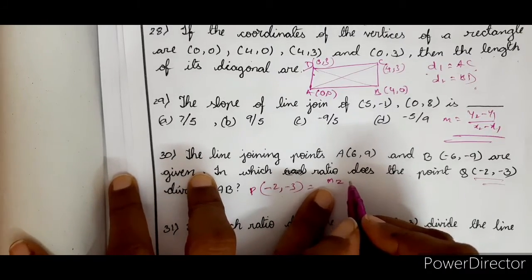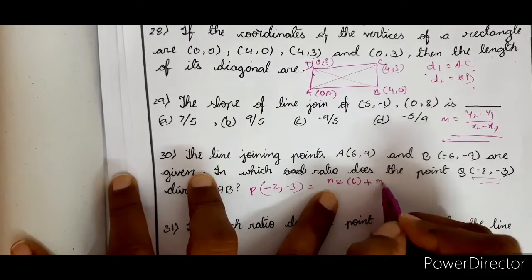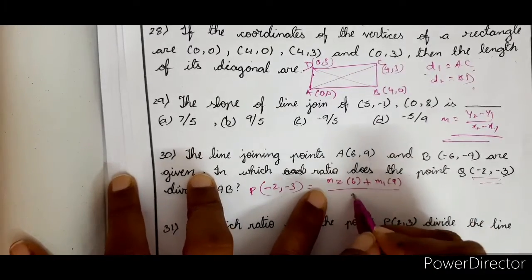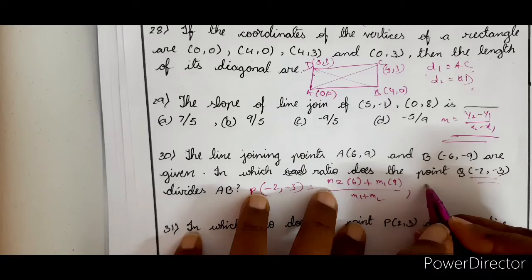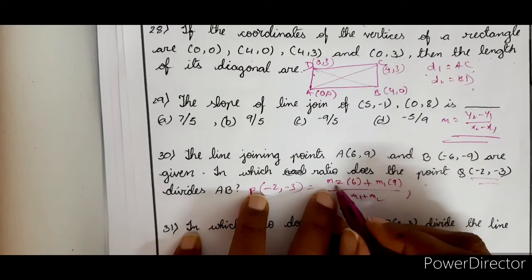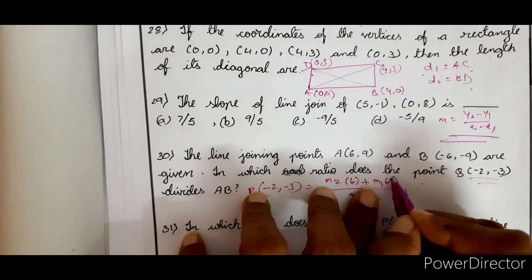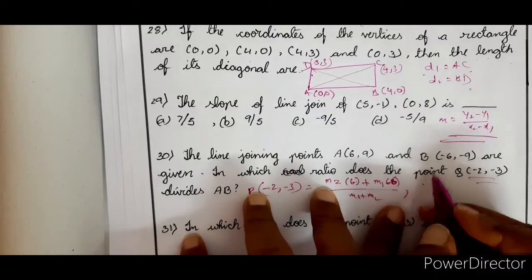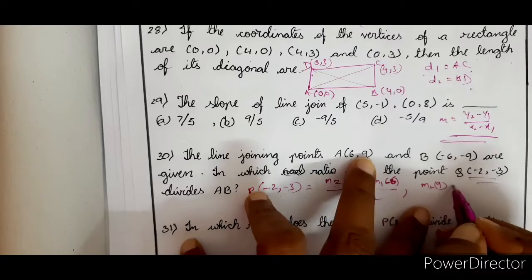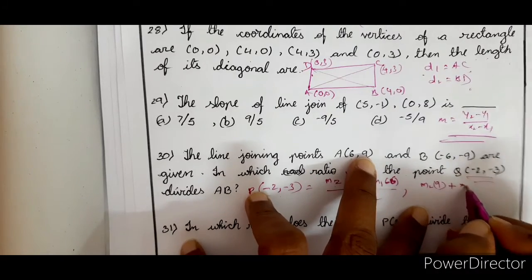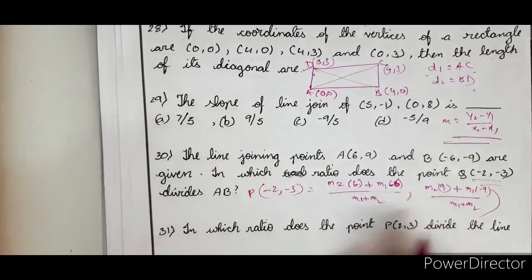M2x1, x1 is 6, plus M1x2, that is M1 into minus 6, divided by M1 plus M2, comma, the other one is M2y1, y1 is 9, plus M1y2, y2 is minus 9, divided by M1 plus M2, right? I leave this to you.